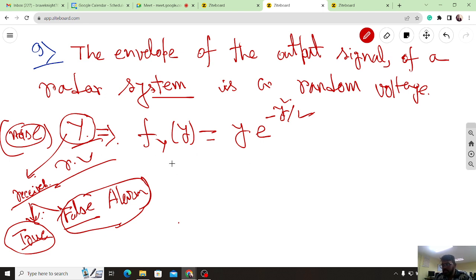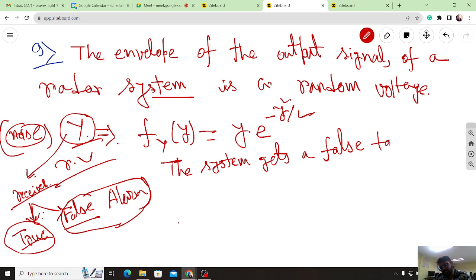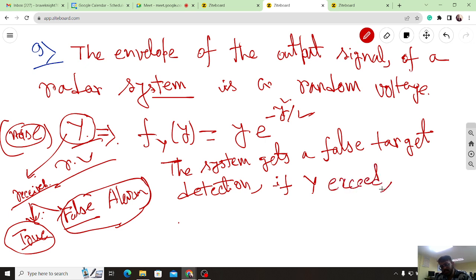So the probability that the system gets a false target detection is if the random variable y, that also contains a noisy term, exceeds the threshold voltage level VTH.